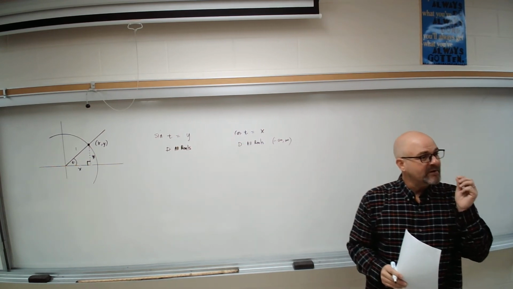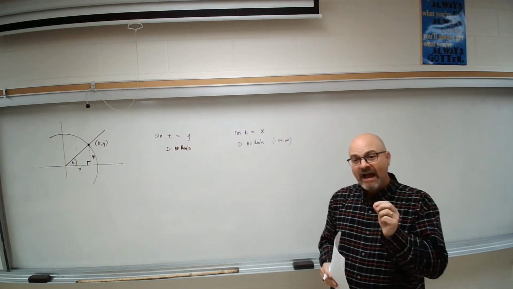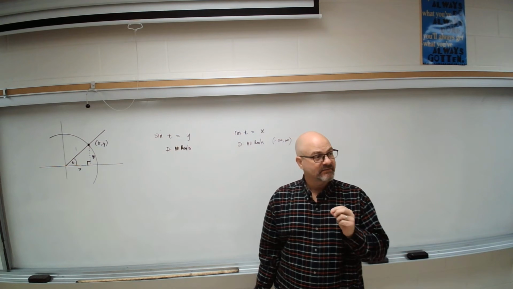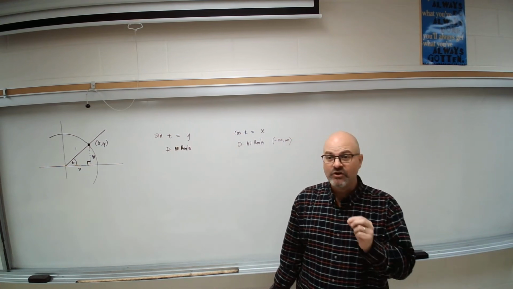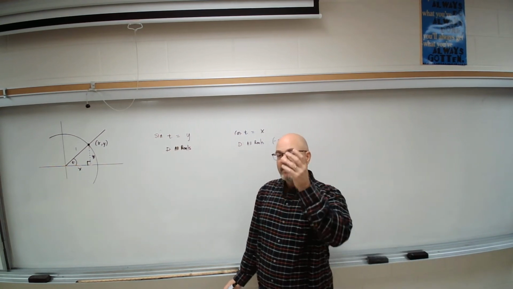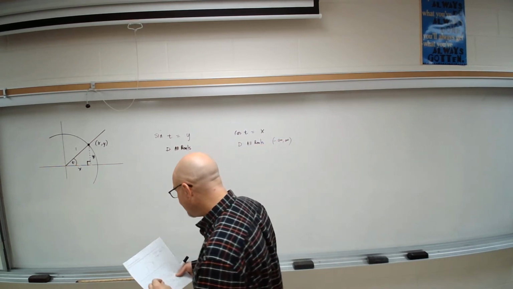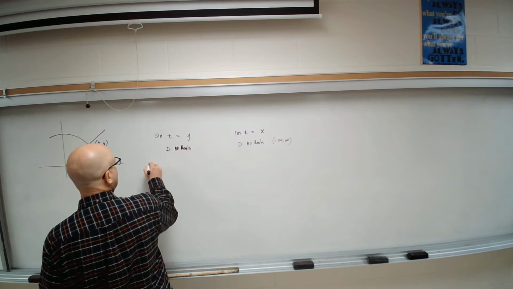To realize that for every point on the unit circle, the x-coordinate is the cosine, and the y-coordinate is the sine. Okay, that's huge. And really, if you know that, we can build all the other ones from that. Because we have one more rule here that is very readily apparent now.